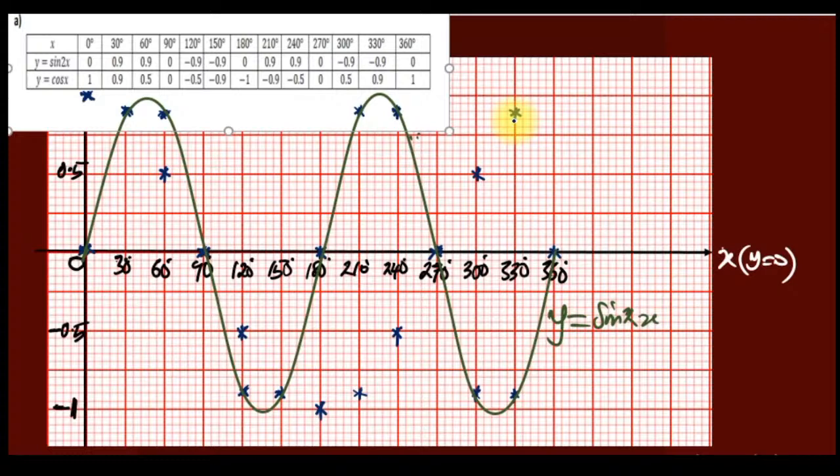And when it is 360, we have 1. So 1 is here. That's the point.